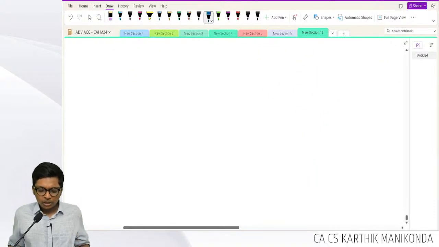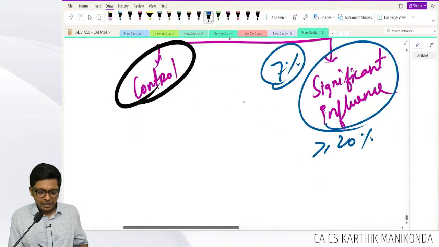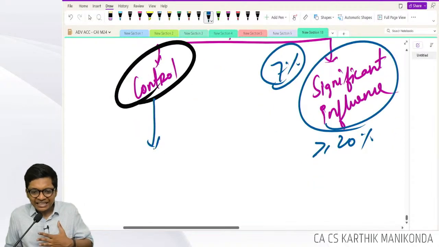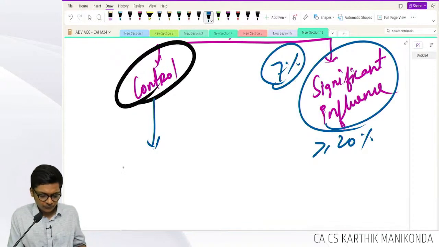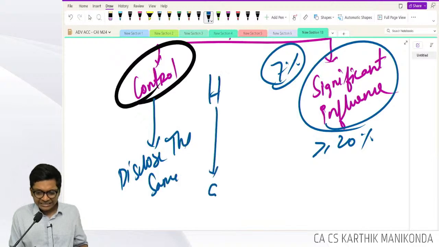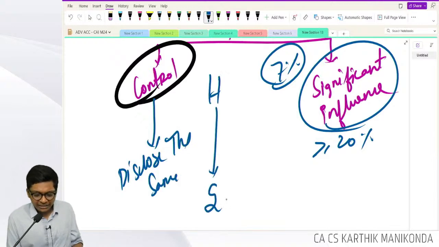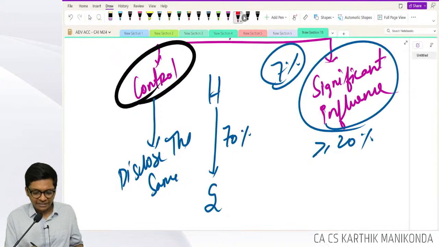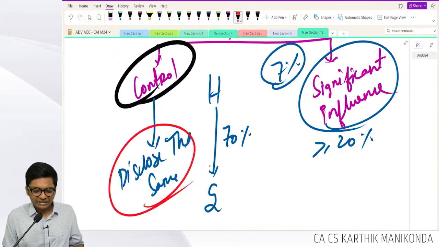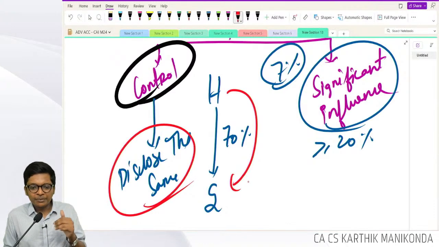Fine. What should I disclose? Control and significant influence. If somebody is controlling me, I disclose it. Holding has 70% in subsidiary, then I have to disclose that holding has 70% in subsidiary.